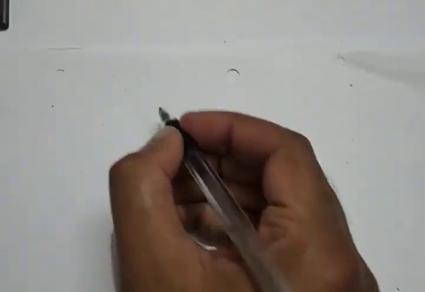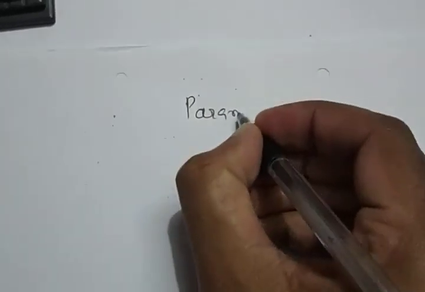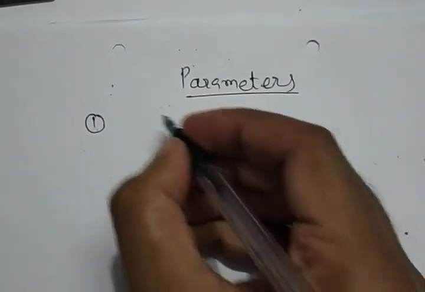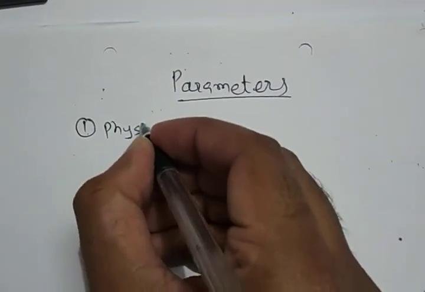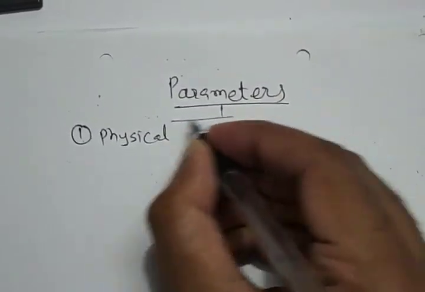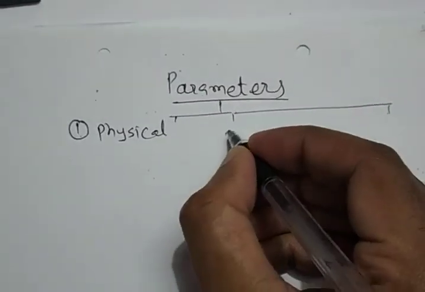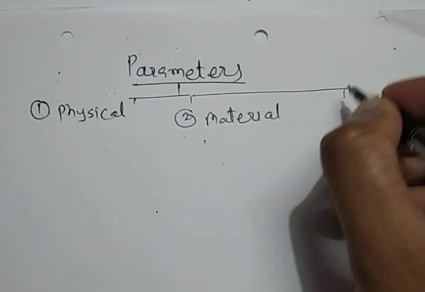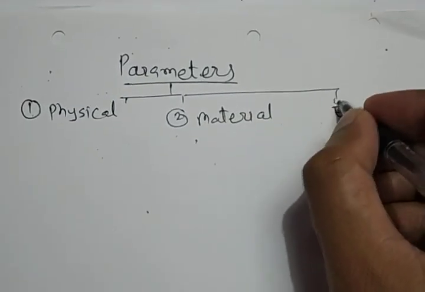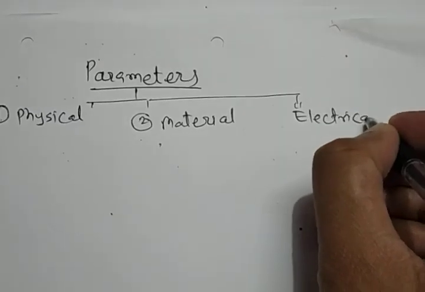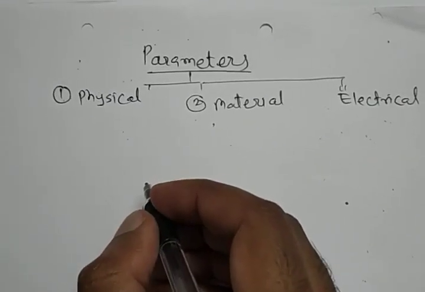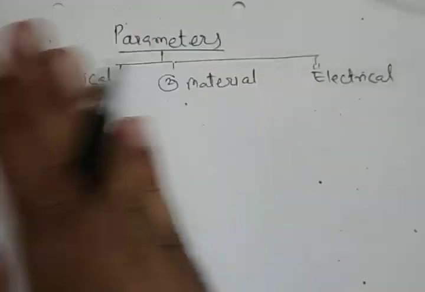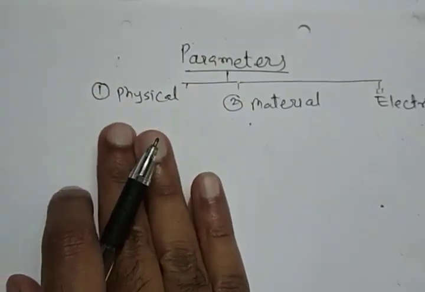Which parameters are important for a transmission line? We will summarize that. We may categorize these parameters into three types. The first type is physical parameters, the second is material parameters, and the third is electrical parameters. Physical parameters include length, dimensions, thickness, the diameter of the conductors and the spacing between them, and they play an important role.